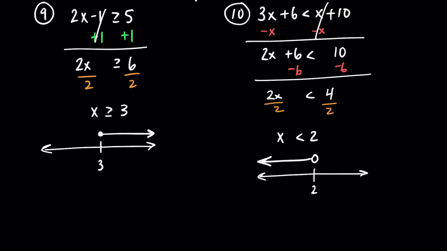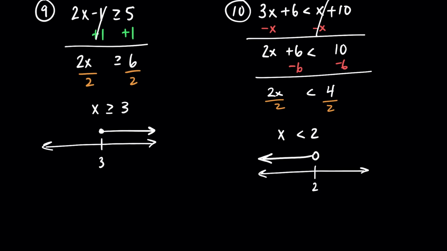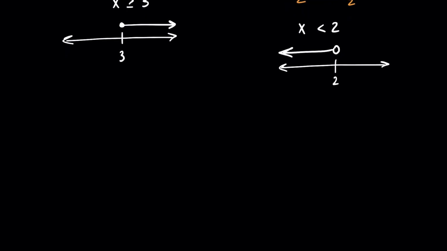Okay, so just a couple rules for you. Hopefully you remember these from Algebra 1, but in case you've forgotten. If we have the greater than symbol or the less than symbol, we're going to have an open dot. If we have the greater than or equal to symbol or the less than or equal to symbol, then we're going to have a closed dot.